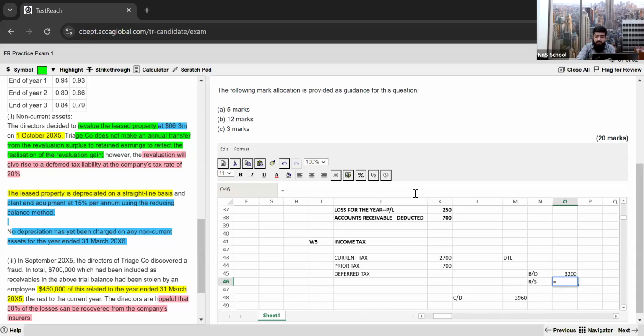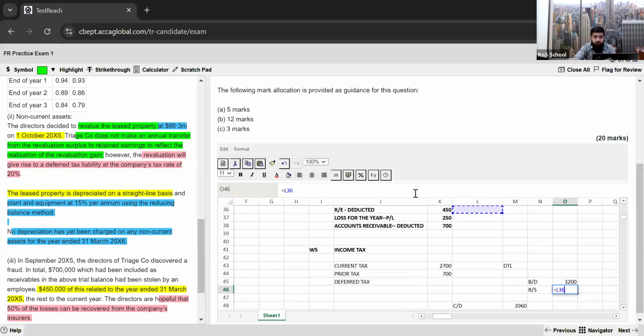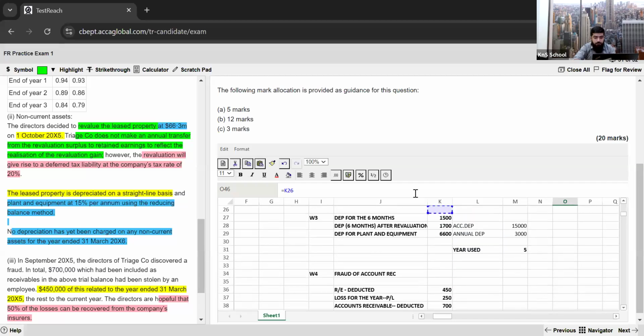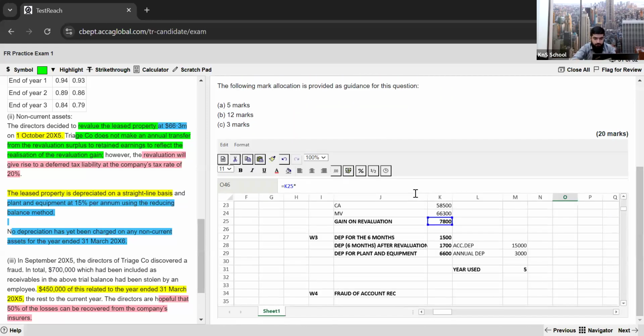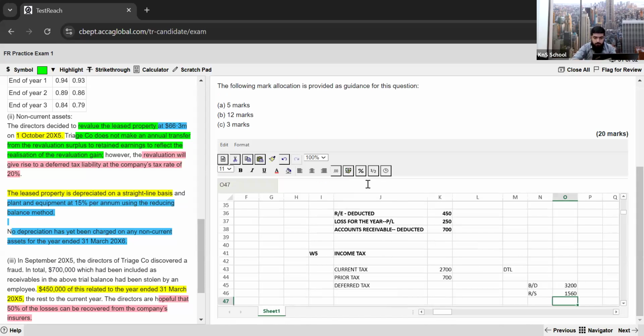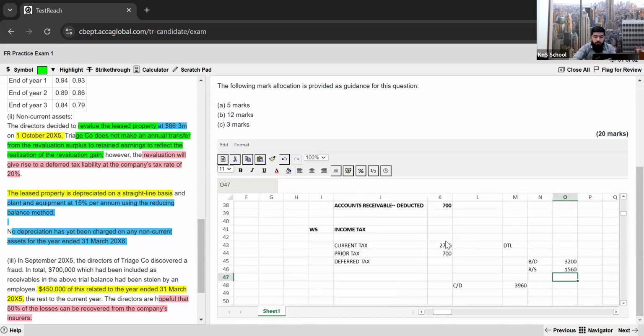Which means that the deferred tax on the revaluation surplus will be credited to deferred tax liability, that is 7,800 times 20%, so 1,560 will be recorded on the credit side.